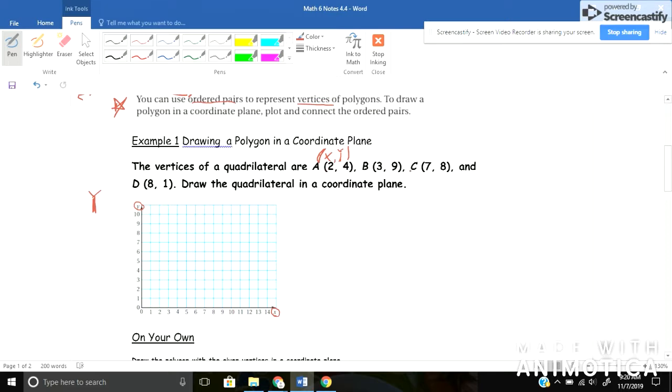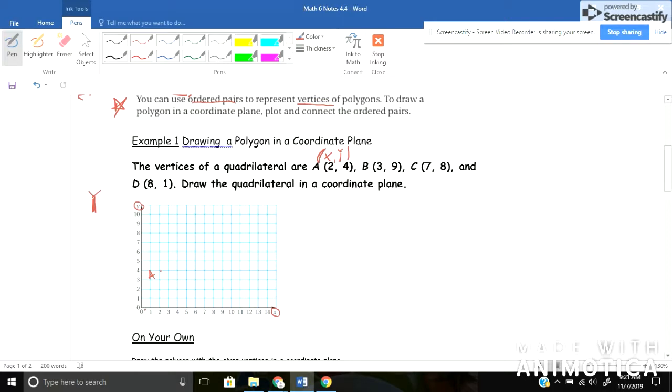So for A, we have 2, 4. So over 2 on the X and up 4. 1, 2, 3, 4. That's our first point, and I'm going to label that letter A. Oh, why does it keep erasing like that? Okay. And B, next is 3, 9.